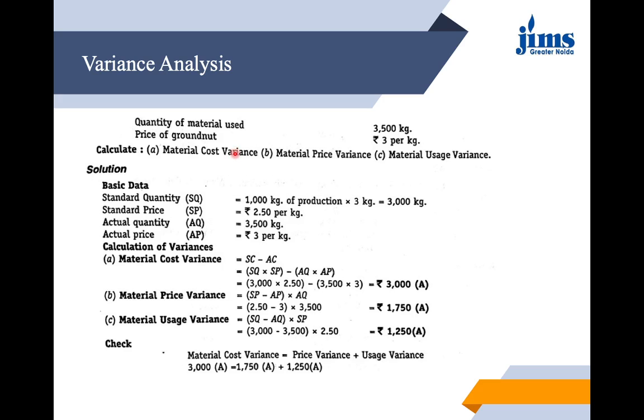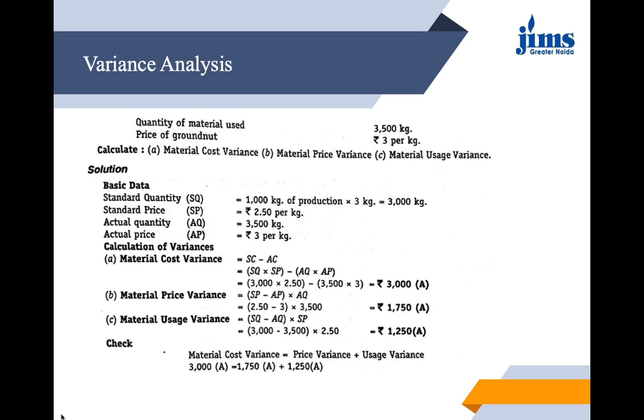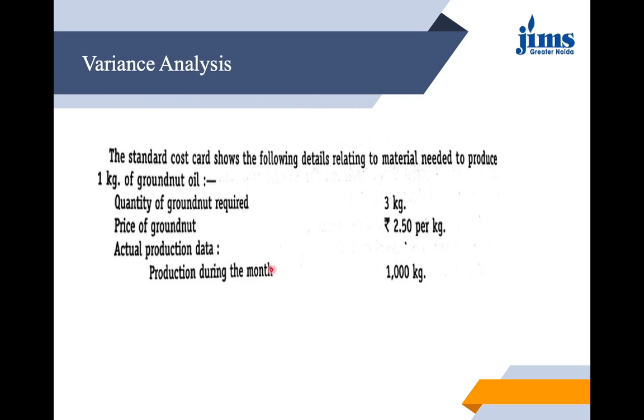First of all, let us see our standard quantity, price, and actual quantity and price, so that we will be using it further in our formulas. Standard quantity is for 1000 kilograms of production. Why? Because in the previous page we have seen that they are producing 1000 kilograms of groundnut oil, and the quantity of groundnut required to produce 1 kg of groundnut oil is 3 kilograms of groundnut.